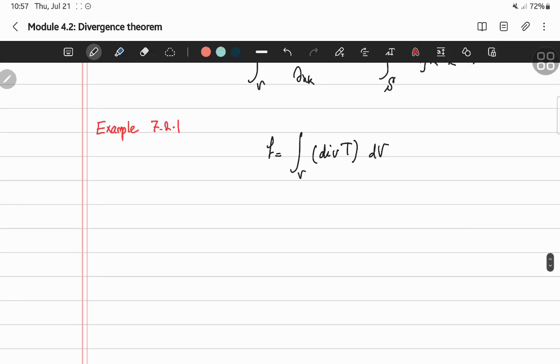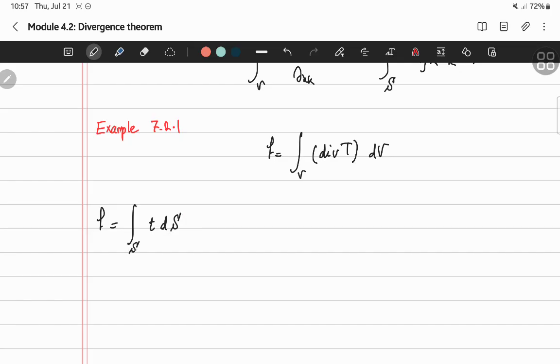To prove this, we know that F is a vector field. And if we disregard the body forces, we only have the traction forces. So we have T, the traction or the force vector, and we integrate this over the surface that we have.